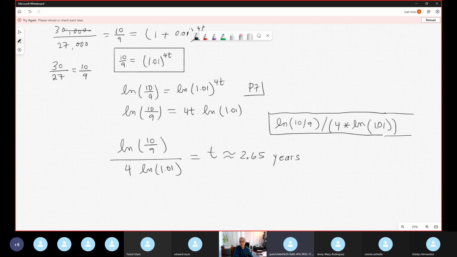Everyone has a calculator? Yes, I have. And does your calculator allow you to compute logarithms or no? Yes, Clara said yes. Come on, do it. You do it or no? Gladys. Okay. Do you want me to explain in my virtual calculator or no? Not necessary. Yes or no?